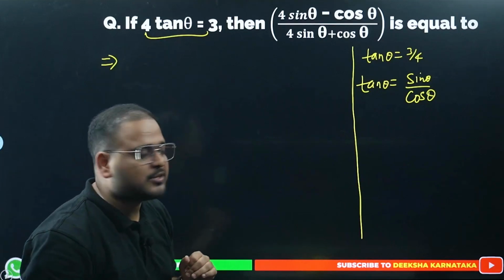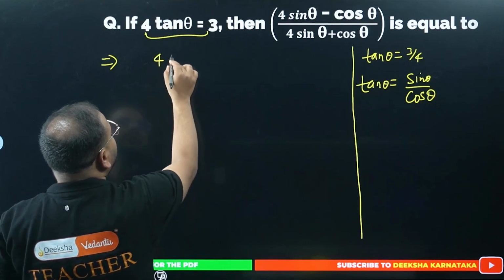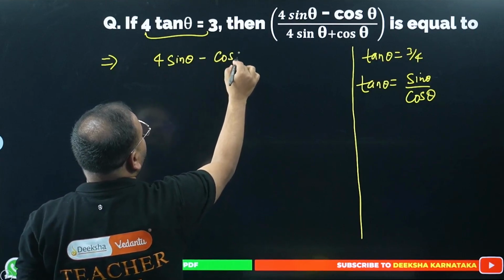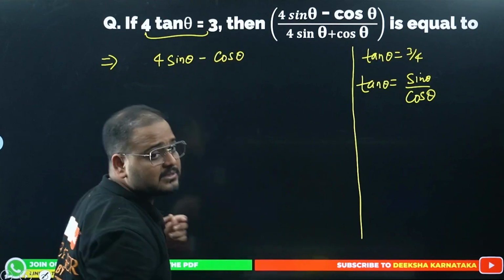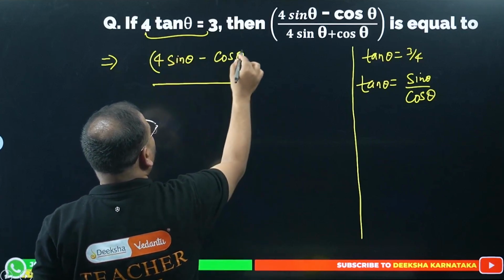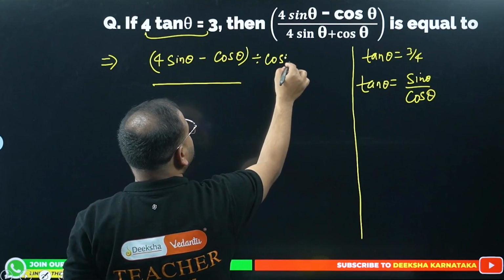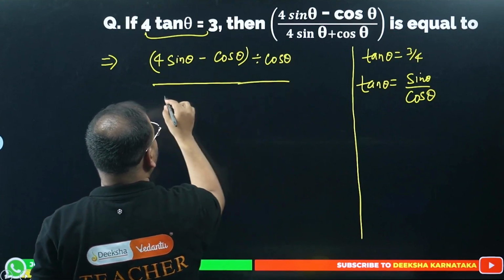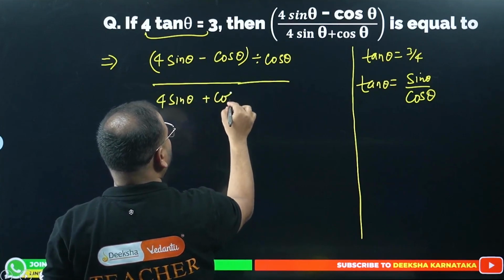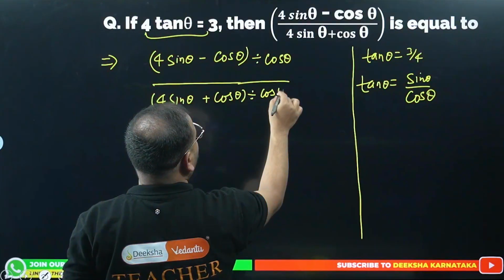I hope you have solved the question. So what did I say? I told you to divide both the numerator and denominator by cos. Dividing the numerator by cos theta, and the denominator is the same thing, 4 sin theta plus cos theta divided by cos theta.